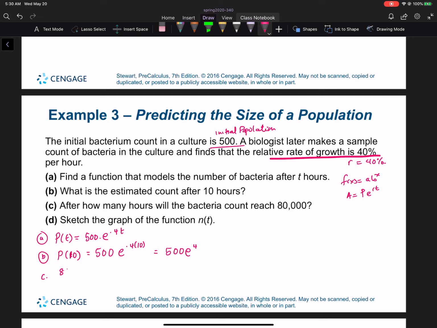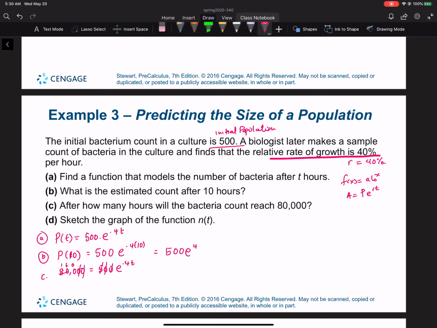So I'm looking at 80,000 is equal to 500 e to the 0.4 t. Cancel out these two, and then 5 reduces this to 160.